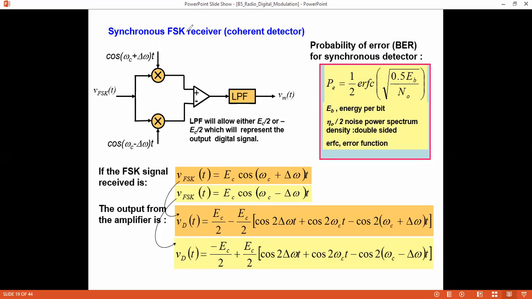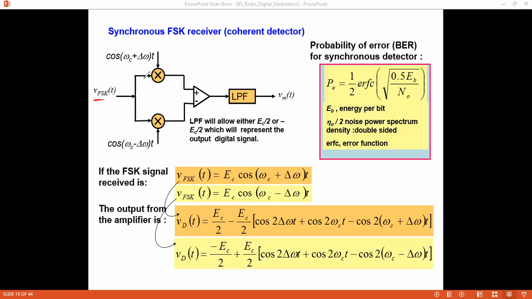So with the Synchronous FSK receiver, we multiply our VFSK with the carriers. We have two carriers, right? One carrier frequency to represent bit 1, and another carrier frequency to represent bit 0.